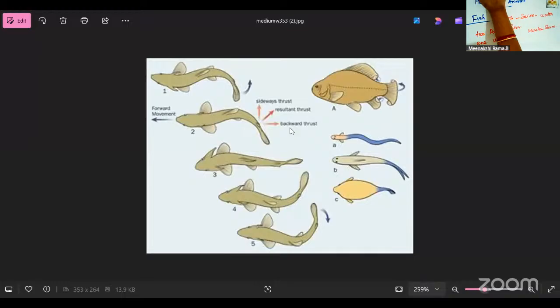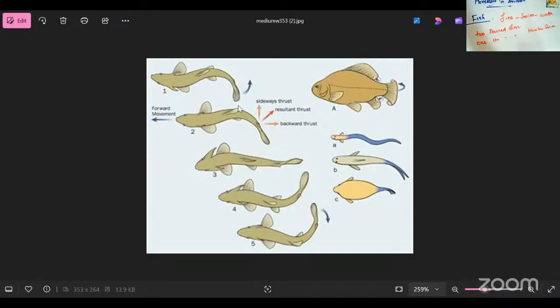Look at all the pictures. First one, the front part curves to one side and the tail part stays in the opposite direction. When the fish turns to the right side, automatically the back part turns to the opposite side.